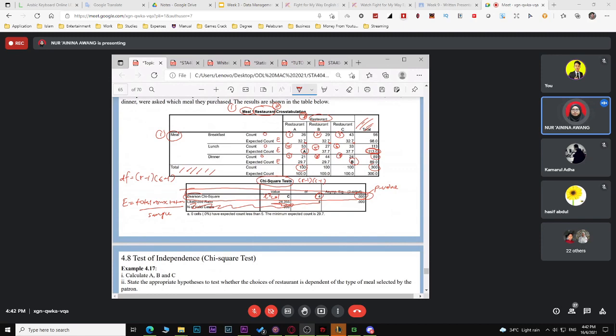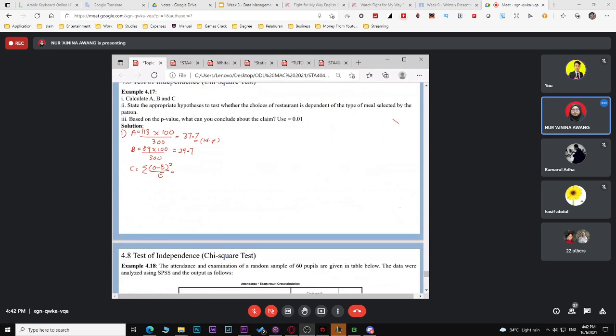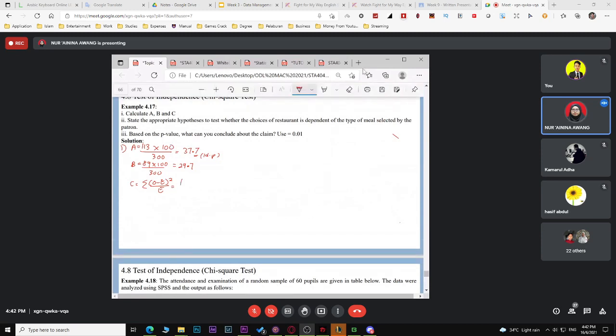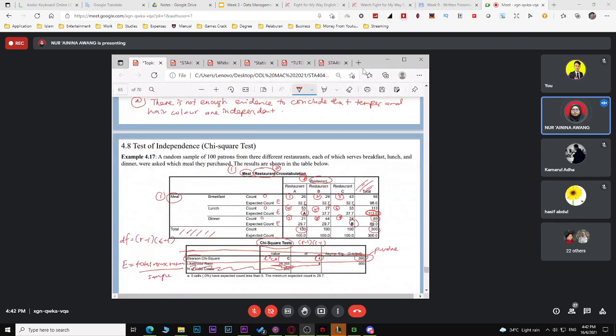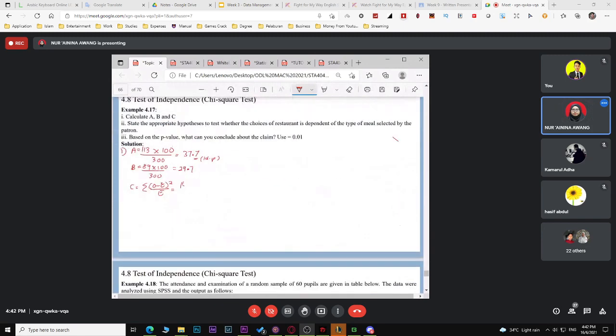You have these 9 values, right? So you find the value. So 26. Okay, so 26 minus 32.7. So you just take the values here. Okay, this is O, this is E, this is O, this is E. Okay. So no need to calculate the value for your expected since the value is already there.